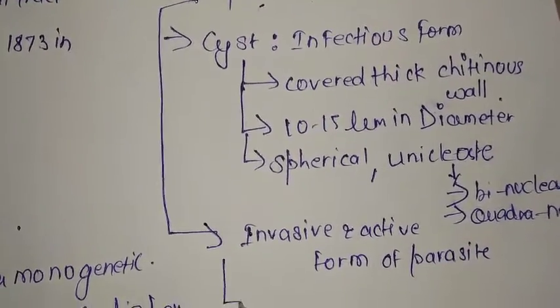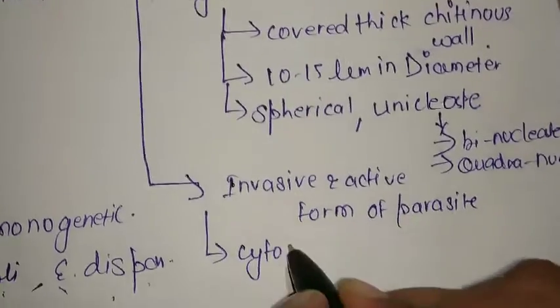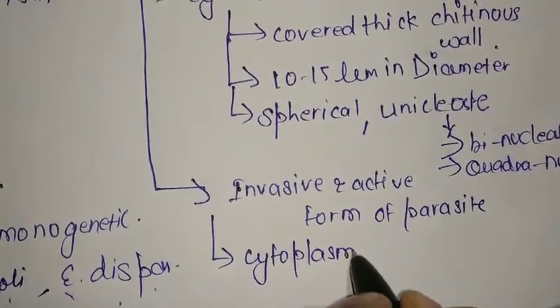While talking about its cytoplasm, it consists of 3 layers.